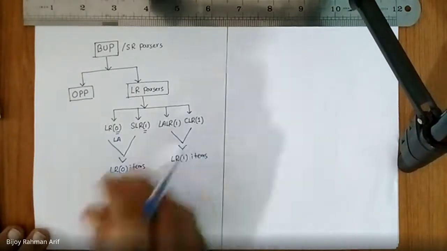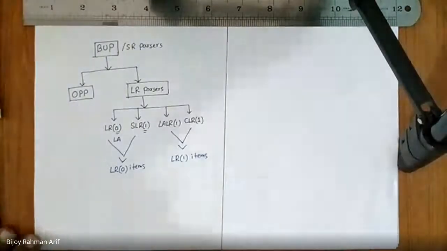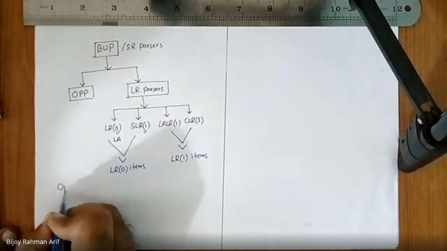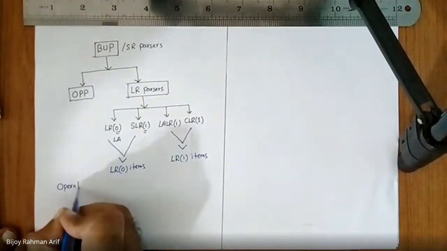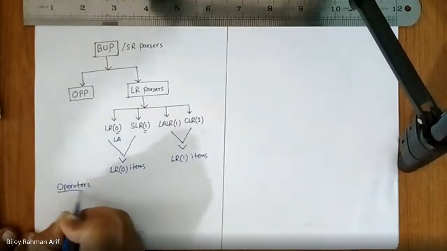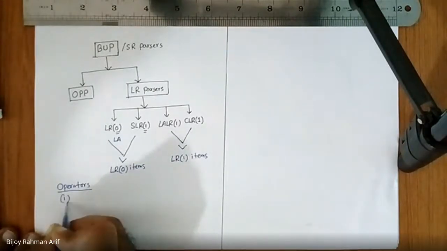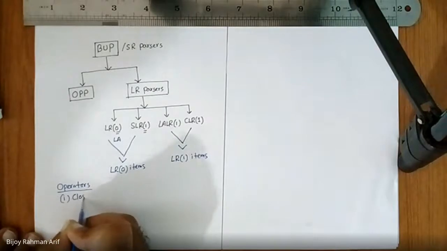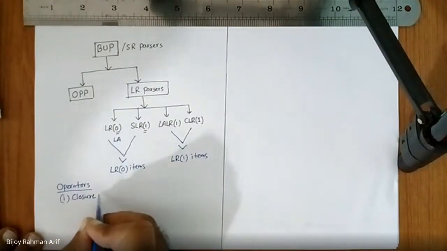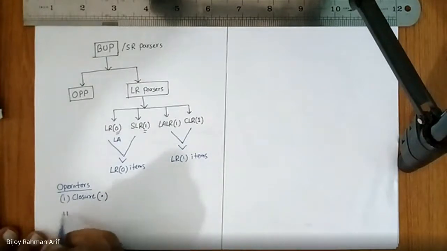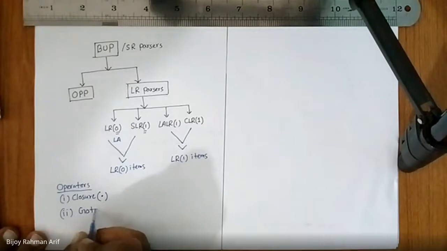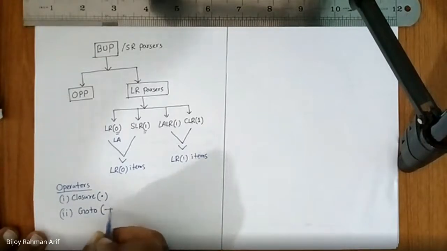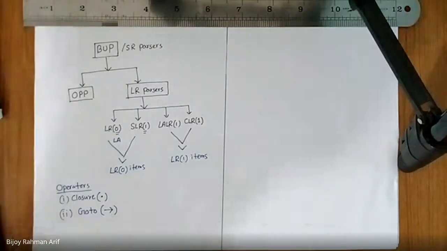For understanding the items, we have talked about two special operators. One is called closure, denoted by a dot, and the other is called goto, denoted by this arrow mark. So what is closure?